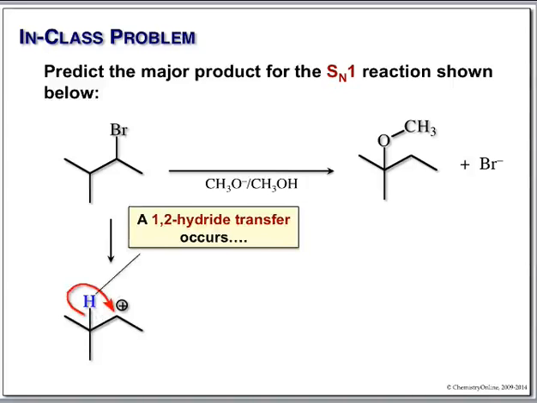Hydride, hydrogen with its electrons, simply slides over. Why? Because we're going from a secondary carbocation to a tertiary. It's only for Sn1, right? Yep. Once we have the tertiary, methoxide adds, and there's our product.